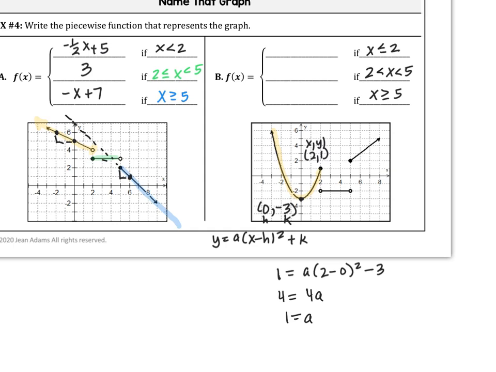So the equation of this line would be y equal to 1 times x minus 0 squared minus 3, which if we clean that up would give us x squared minus 3. So we'll put that in the first spot up there. All right, so this middle line here, that one's an easier one. That's just y equal negative 2.